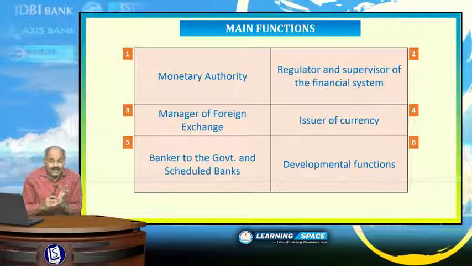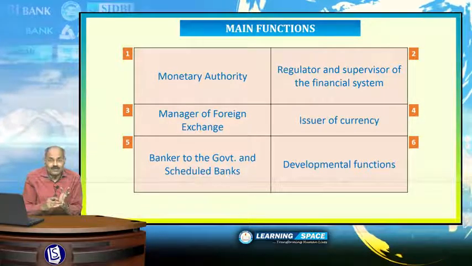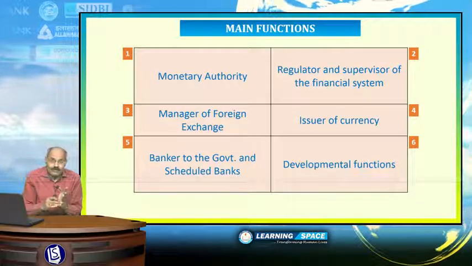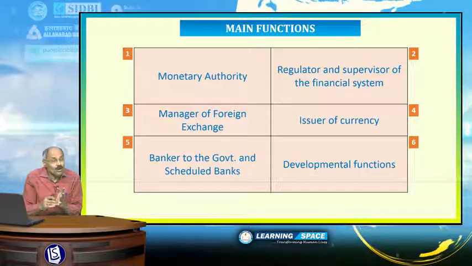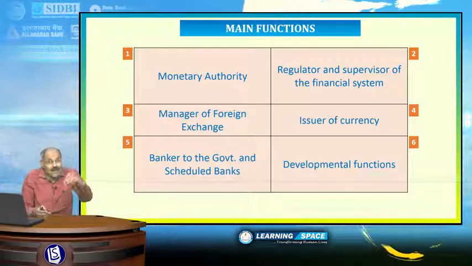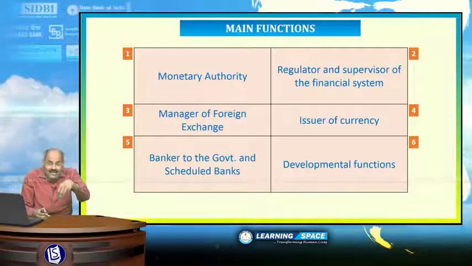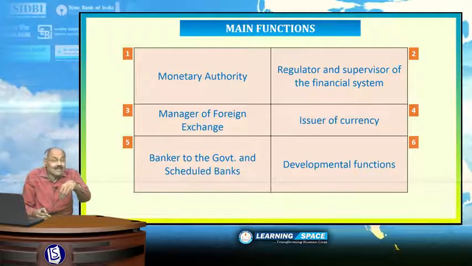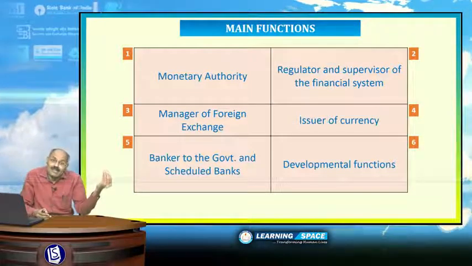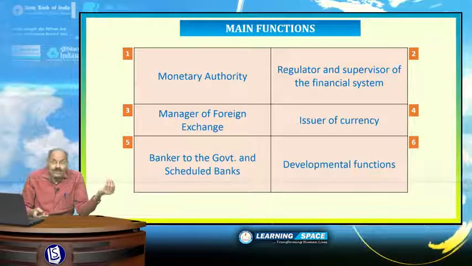So, all the steps like repo rate, CRR, SLR, open market operations are part of the monetary policy of the Reserve Bank of India, and the Reserve Bank of India is the authority vested with maintaining the value of the rupee. We discussed this in detail when we discussed fiscal policy and monetary policy. Please listen to that lecture.